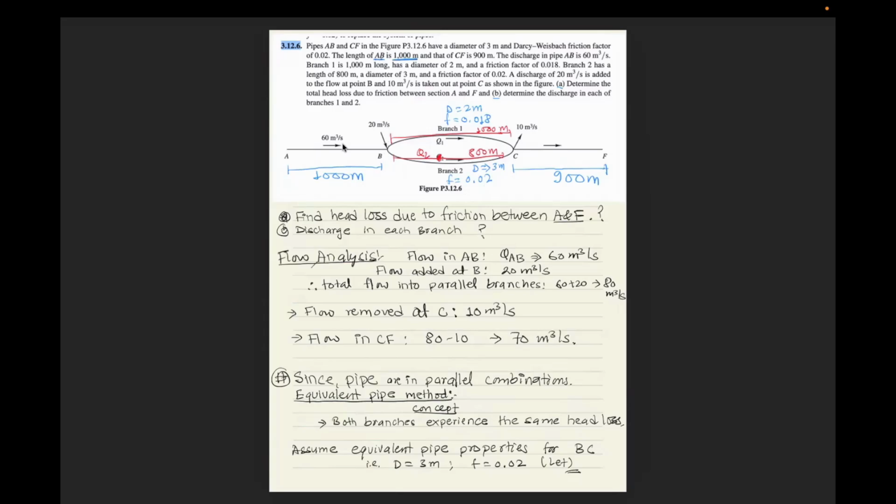Since 20 plus 60 is added into BC, whereas through C 10 is left out, the final flow rate to CF will be just 70, and the length of CF is 900 meters.